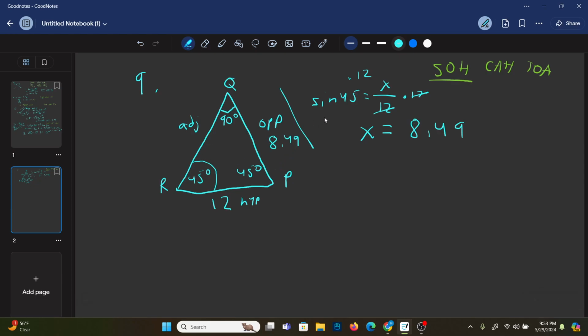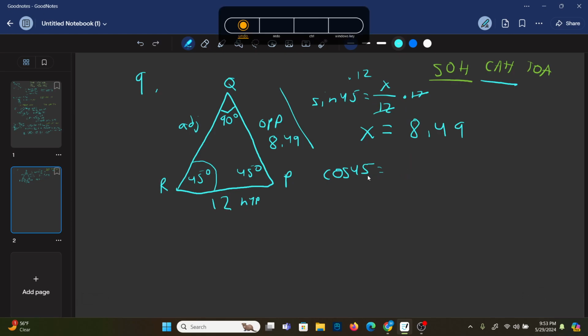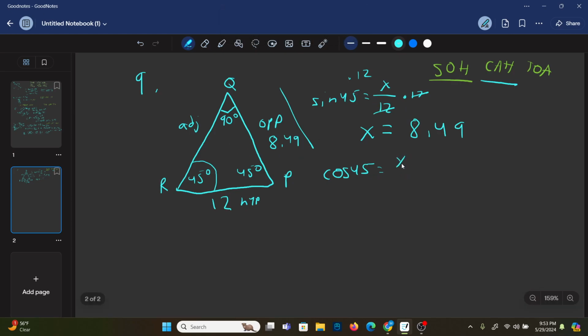Now we want to know this side, so we would do adjacent over hypotenuse, and we know that would be this one. So we would do cos 45 equals the adjacent, which we don't know, because this is hypotenuse, this is adjacent, over the hypotenuse, which is 12. Now you can also do opposite over adjacent, which is tangent, but I'm just going to do this one.